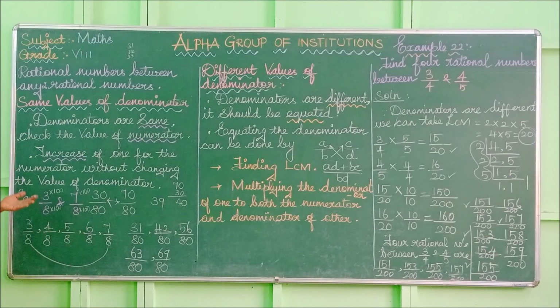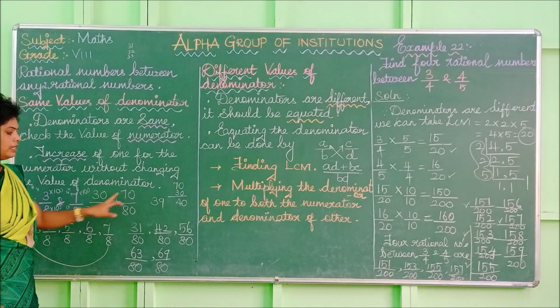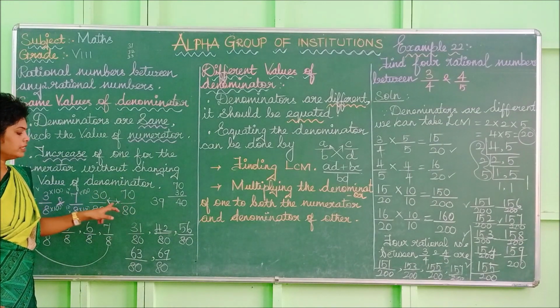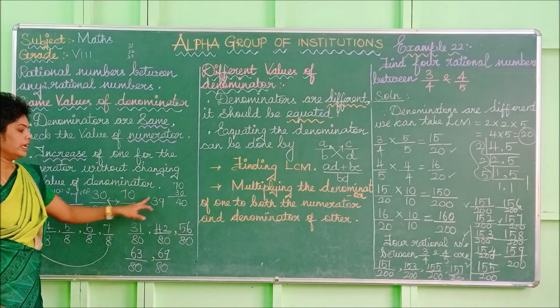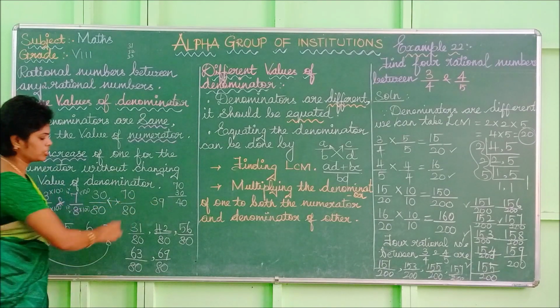If they ask you to find 5 values from this, you can do the calculation with 3 into 10, 8 into 10. Likewise 7 into 10 and 8 into 10. So we get 30 by 80 and 70 by 80. In between these two numbers, you can have 39 rational numbers.